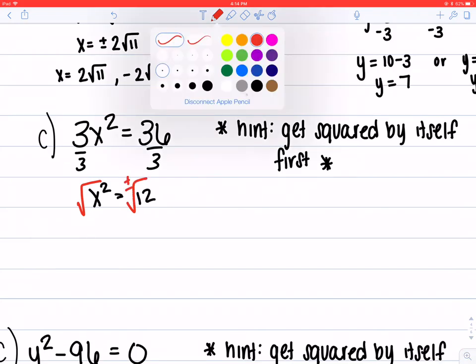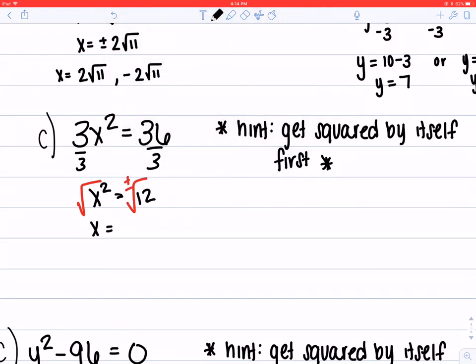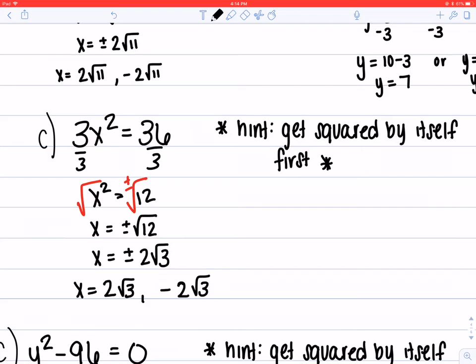Don't forget your plus or minus. So I'll have x equals plus or minus square root 12. Do your factor tree on that, and you will get x equals plus or minus 2 square root 3. Now in Hawks, you're going to want to split it up and have 2 square root of 3 and negative 2 square root of 3.